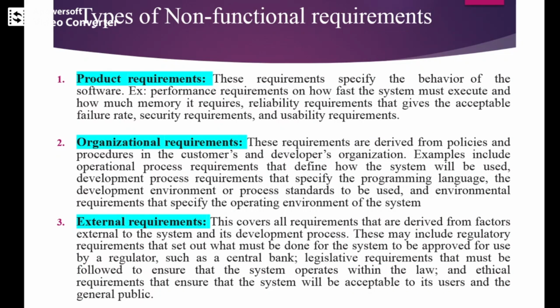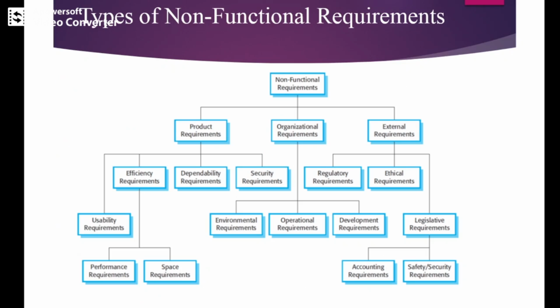We will discuss each one in detail. First, we'll begin with the product requirements. This is specific to your product. These requirements specify the behavior of the software. Performance requirements come under efficiency requirements, which tells how efficient your product is.